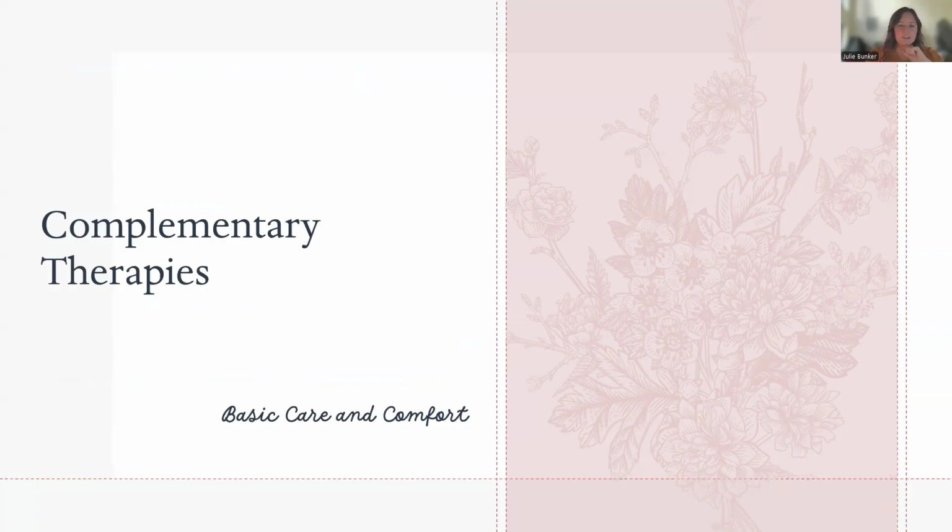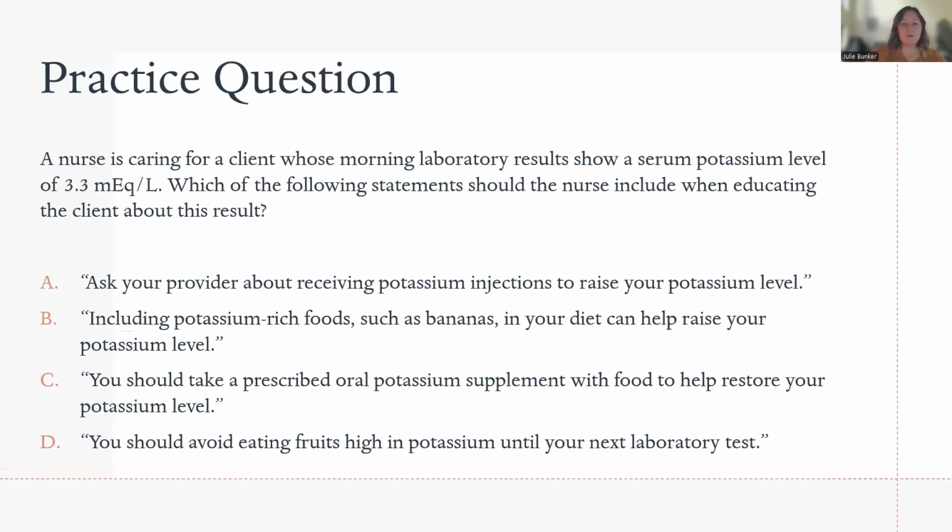Here's a practice question. A nurse is caring for a client whose morning laboratory results show a serum potassium level of 3.3 mEq/L. What is that level? What's the normal? Which of the following statements should the nurse include when educating the client about this result? A, ask your provider about receiving potassium injections to raise your potassium level.